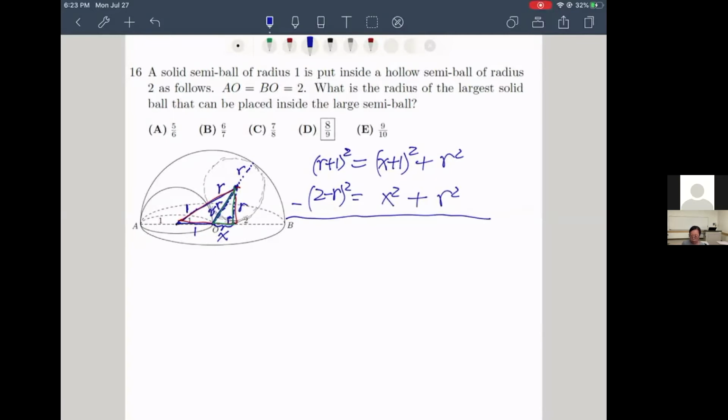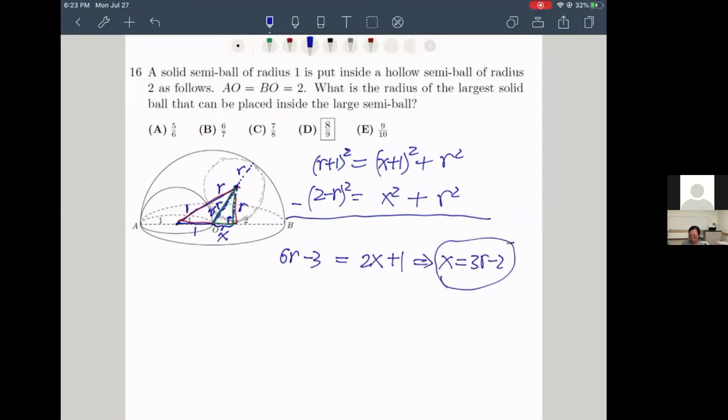We have 2r minus 4r, which is negative 2r... and we have 1 minus 4, which is negative 3, equals, on the right-hand side, x squared canceled, 2x plus 1 minus... which means that x equals 3r minus 2.